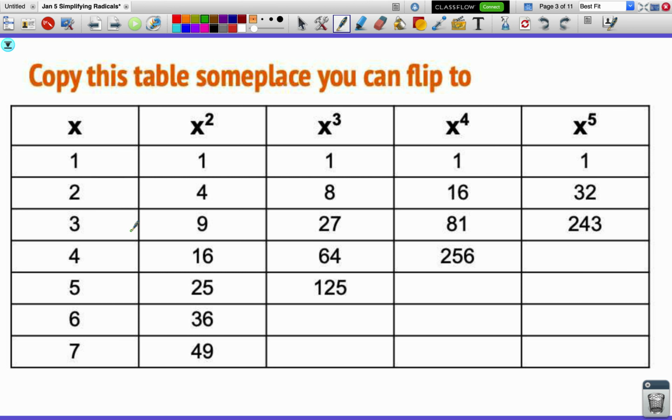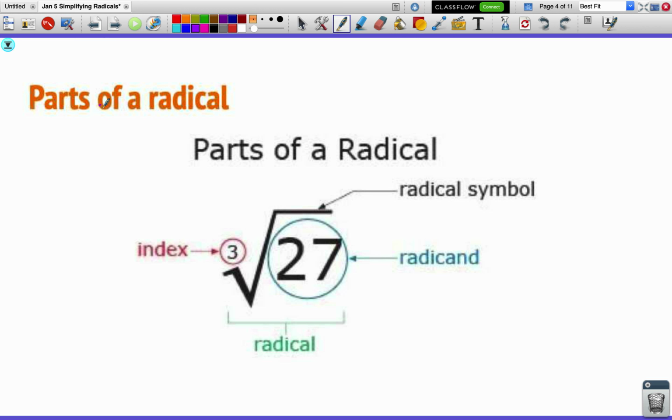The reason I'm having you copy this down is because when I want to find a cubed root, I need to first find any perfect cubes that go into the radicand. It's really helpful to have a list of some perfect cubes here so we can see if any of these divide in evenly.